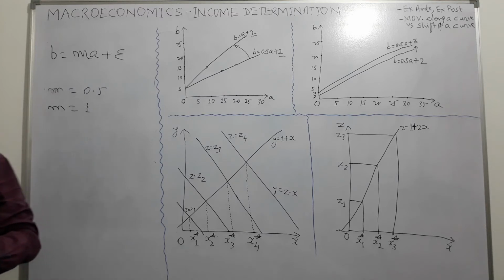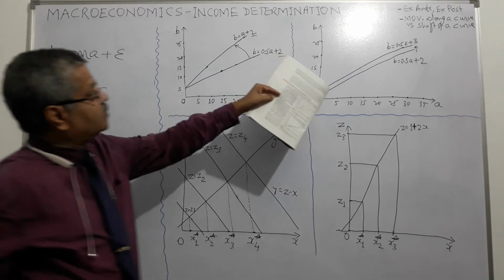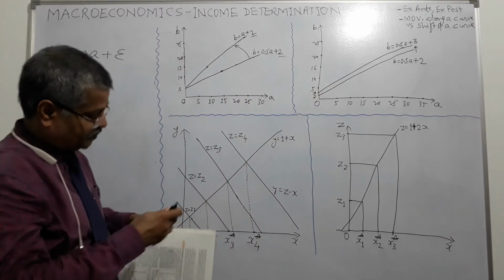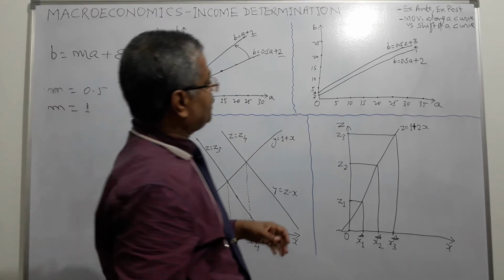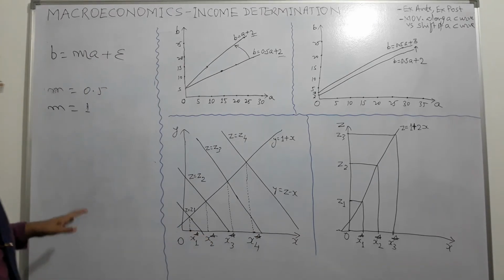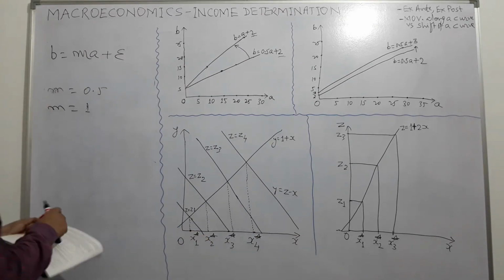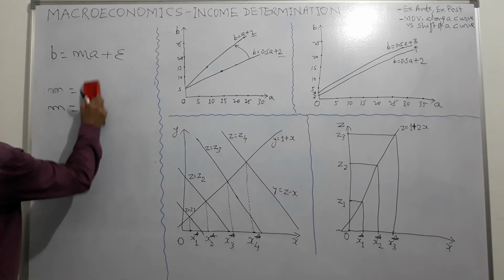So we go to the next one, this one. Here what do we see? Here slightly different treatment we have given. What we have done, we have kept M as constant at 0.5, right?